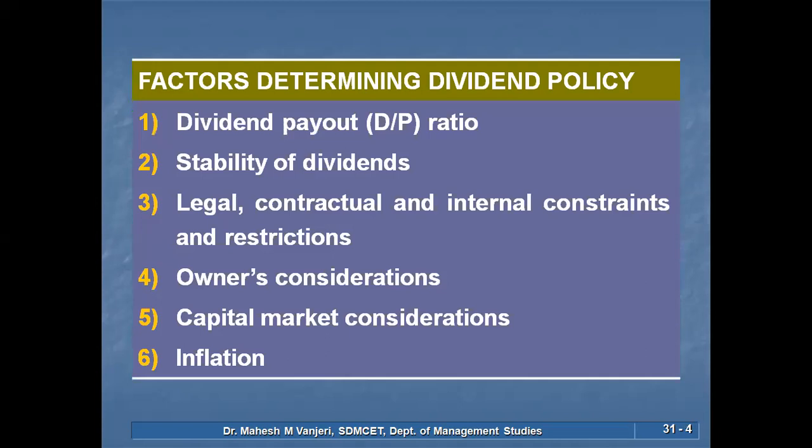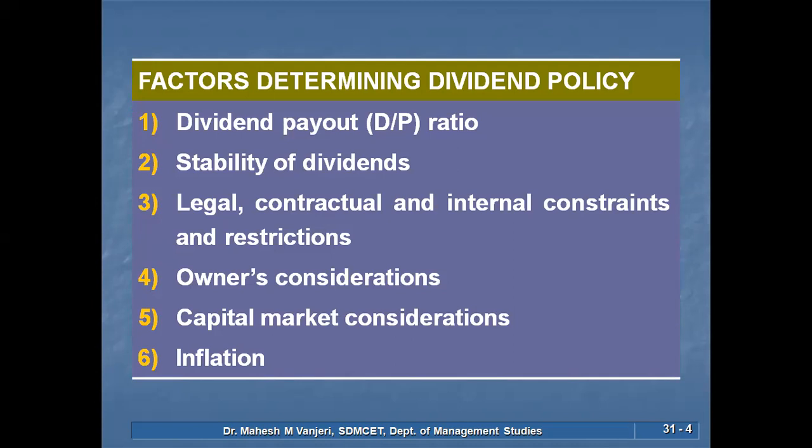Then what are the factors that determine dividend policy? There are certain decisions, like whether the company should pay the dividend or retain the earnings for the purpose of reinvestment. This decision will be affected by these factors. Then if the company decides to pay out a dividend, how much dividend to pay?